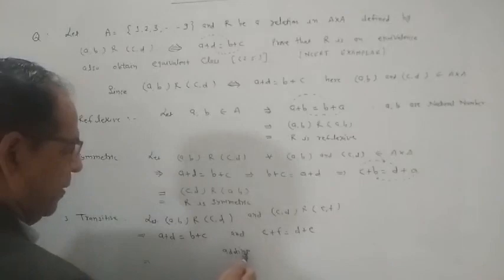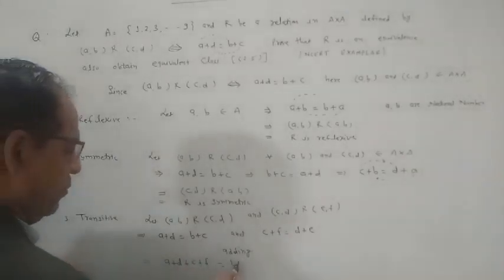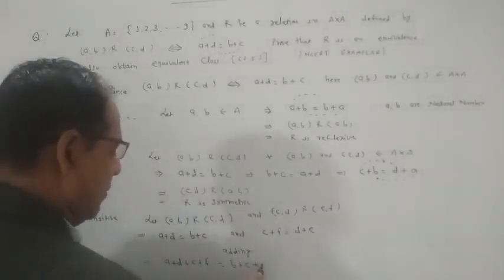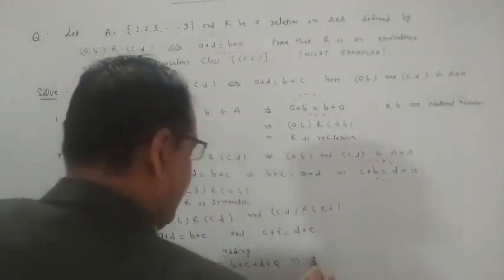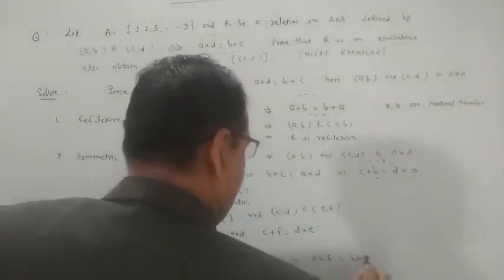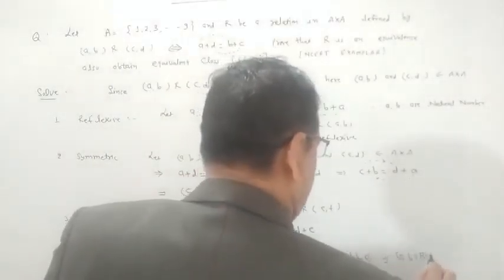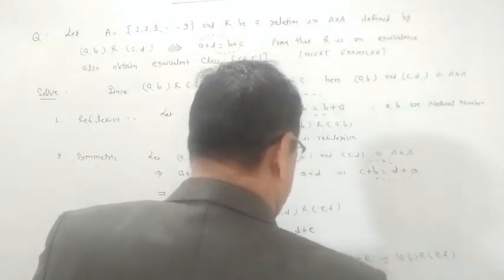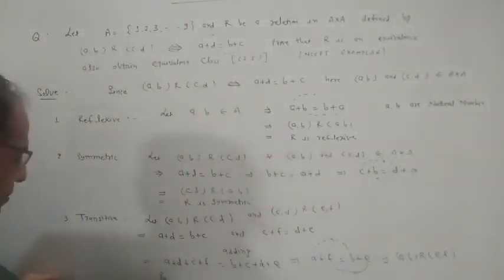Adding, a plus d plus c plus f equal to b plus c plus d plus e. This implies that a plus f equal to b plus e. This implies that (a, b) related to (e, f), again by the definition of the defined relation. So R is transitive.